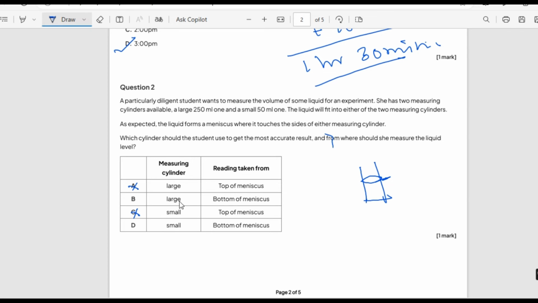Again, we have discussed before that a large measuring cylinder will give less height difference, there will be almost no height difference. And if you use a small measuring cylinder, the height difference is quite sharp, and it makes it easy for you to take an accurate reading. So from B and D, D is correct: she should take the small measuring cylinder and measure from the bottom of the meniscus.